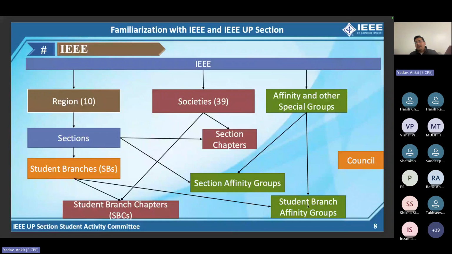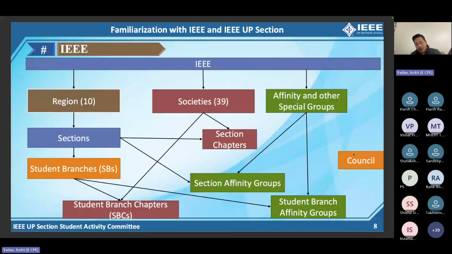Then another thing in the IEEE architecture is the council. While there are these straightforward definitions and ways of defining the branches, chapters, and other things, there is a special case, the council, where two or three or four or more groups, based on the people interested, can combine together to make a council.